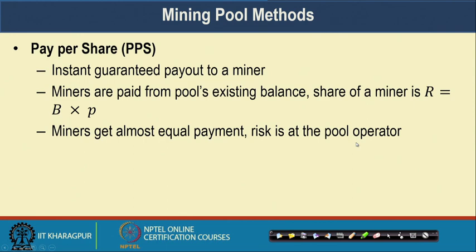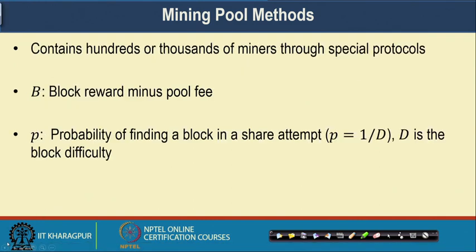Okay. So, let us look into how the shares are distributed among different miners in a mining pool. In a mining pool there can be hundreds or thousands of miners who communicate with each other through special protocols that I have discussed earlier.